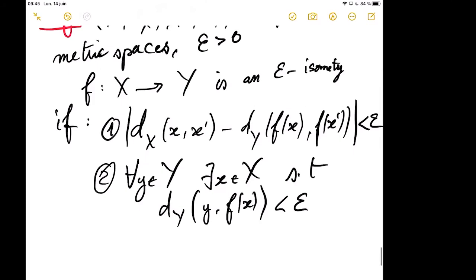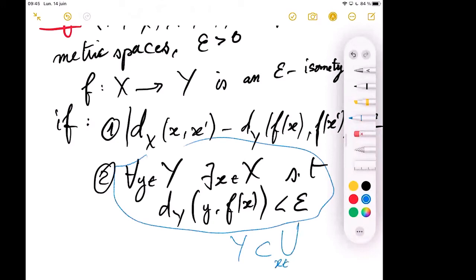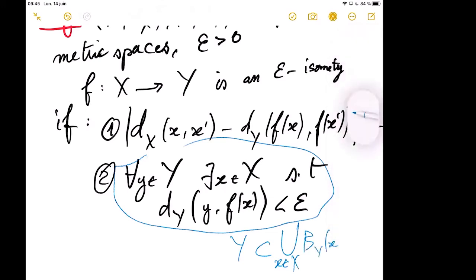One quicker way to write that is to say that Y is included in the union for x in X of the balls in Y centered at f(x) and of radius epsilon.